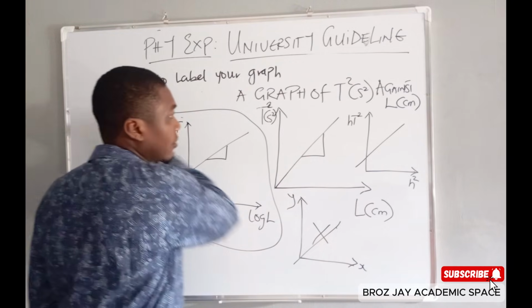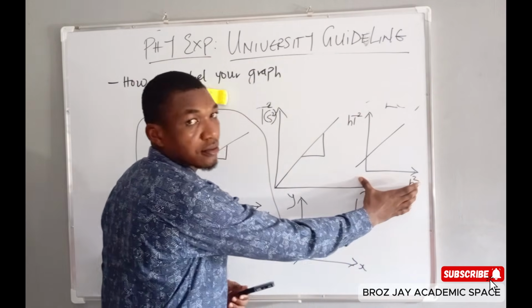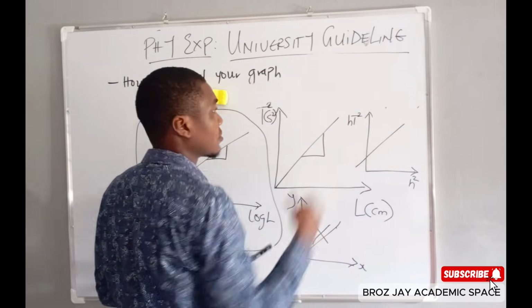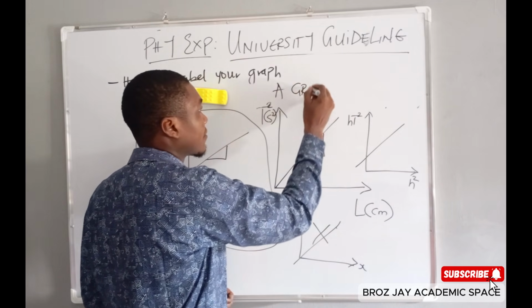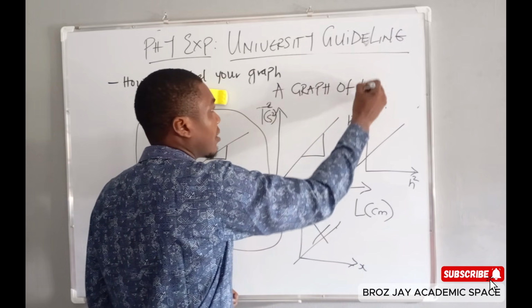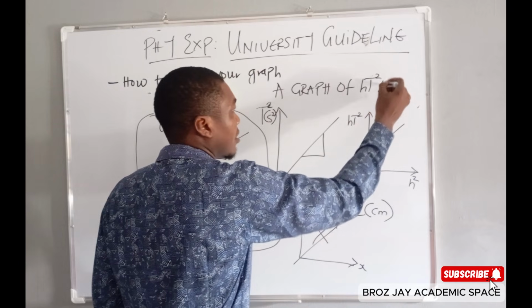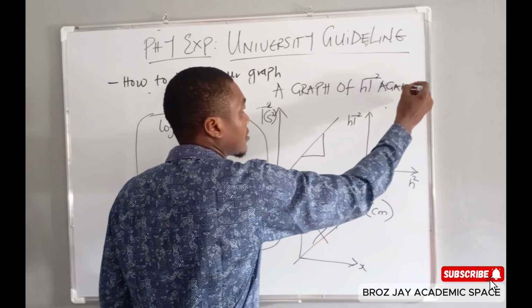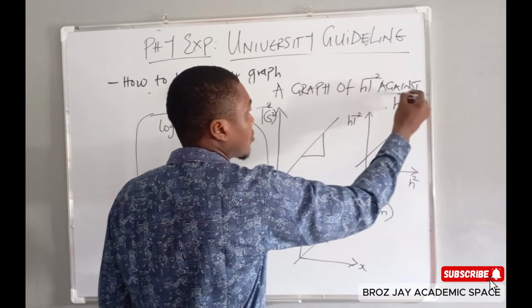Now I want to title this last one here. So let's title this graph: a graph of h T squared against h squared.